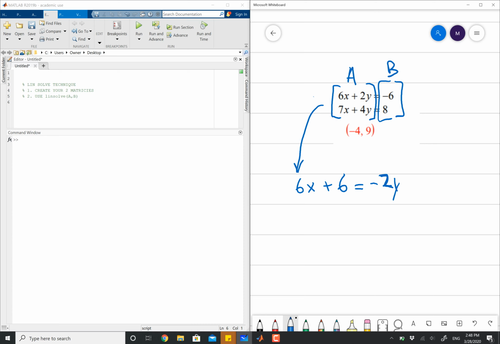So if you were given this equation, you could do 6x and then move the 2y to the other side, so that's plus 2y, and then equals negative 6. The end result is pretty much going to be the same thing. Just remember that your teacher might play with you that way. All right, so let me get rid of everything here so we can continue.